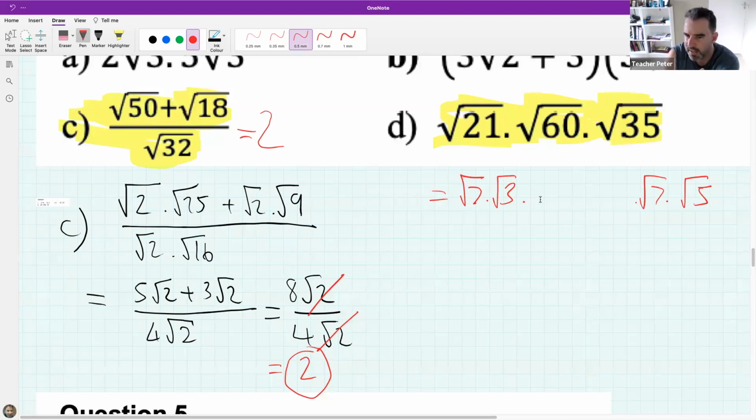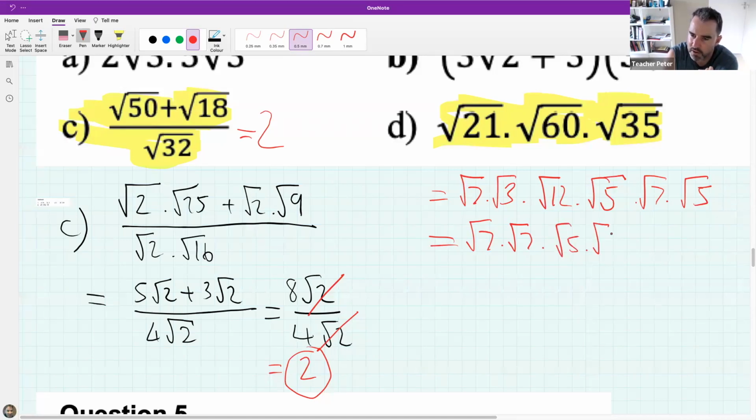So I guess the 5 is making me want to do this. So like square root 12 times square root 5. Now I know square root 7 times square root 7 is useful. I know square root 5 times square root 5 is useful. So let's just make sure I've got rid of those. And then I think I can write this as square root 3 times square root 4.